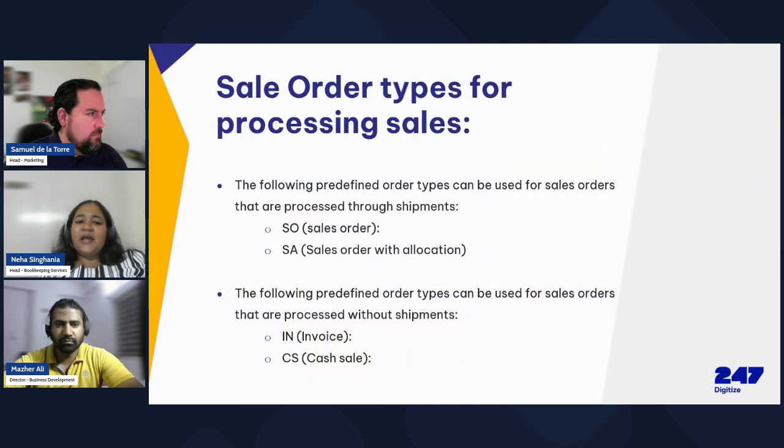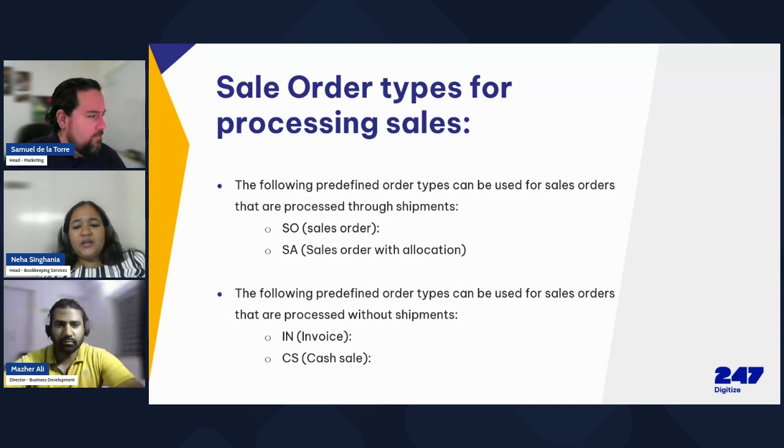An order type in Acumatica determines the information to be entered for an order of the type, the processing operations to be performed for an order of the type, and the documents to be generated during the processing.